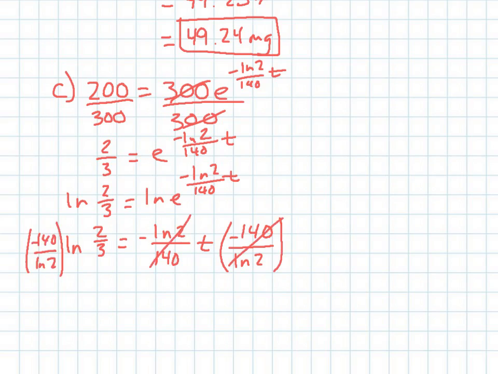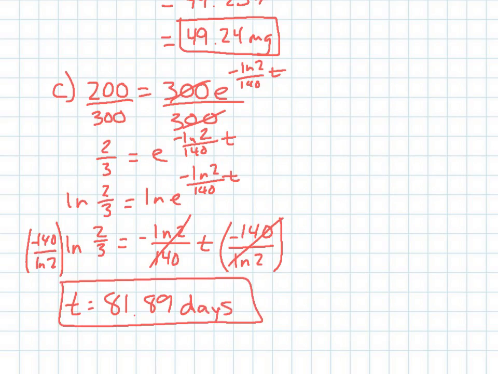So then t will equal, so that gets us 81.89 days for our t value. Okay? So that's how we're working with exponential functions. They're going to ask you similar questions for your problems. Okay? Have fun.